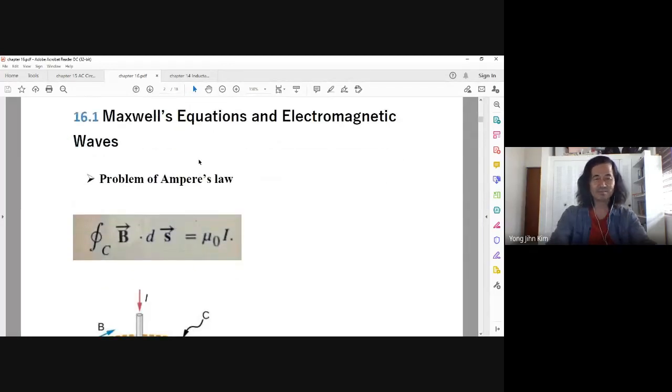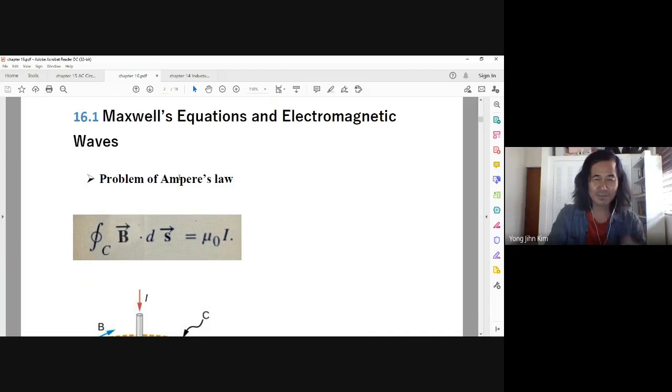Okay. Maxwell studied the previous knowledge accumulated in electricity and magnetism. And then Maxwell found that Ampere's law has a serious problem.